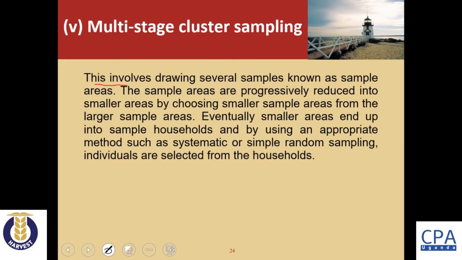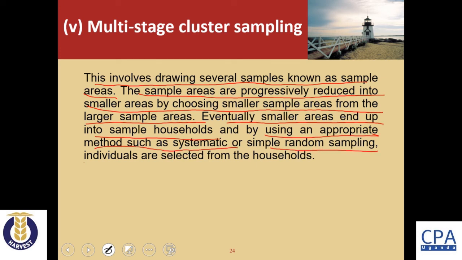And of course, we are saying this involves drawing several samples known as sample areas. These sample areas are progressively reduced into smaller areas by choosing smaller sample areas from the larger sample areas. Eventually, smaller areas end up into sample households, and by using an appropriate method, using systematic or simple random sampling method, individuals are selected from those households.